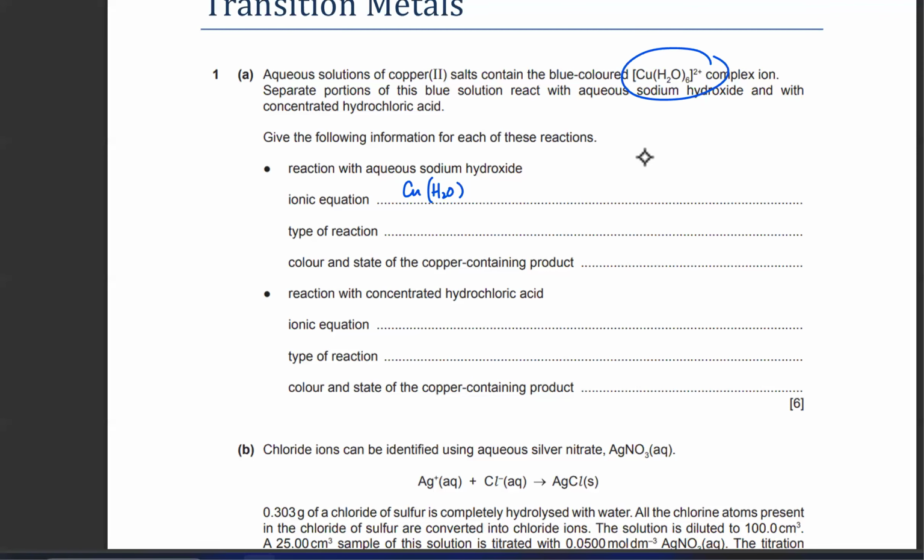So Cu with 6 water molecules, 2+. When you add the OH-, precipitation happens. The copper combines with the OH and forms this pale blue precipitate, and the 6 water molecules are knocked out. So a solid precipitate gets formed. This is aqueous, and that's a liquid. The type of reaction is known as precipitation.